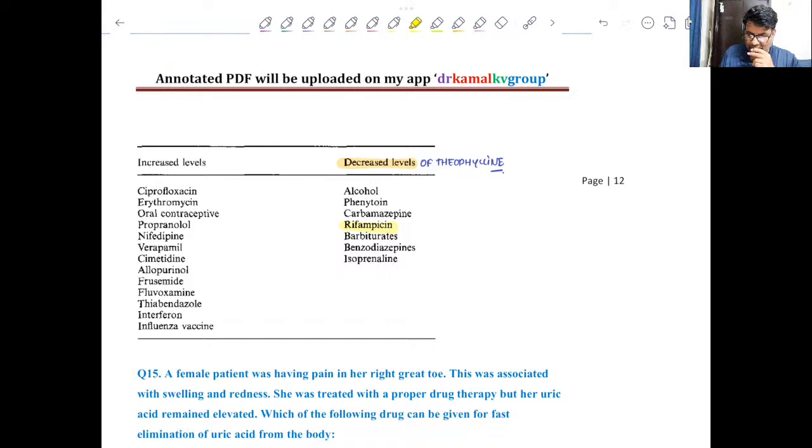Okay, so rifampicin is very important here, although if you can just mug up the entire chart, nothing better than that, right? So if you give any of the drugs, you have to increase the dose of theophylline, otherwise there will be no effect of theophylline because metabolism is increased.